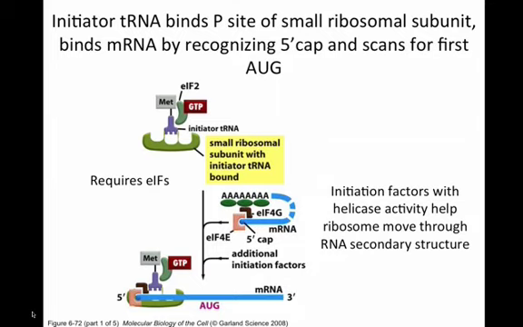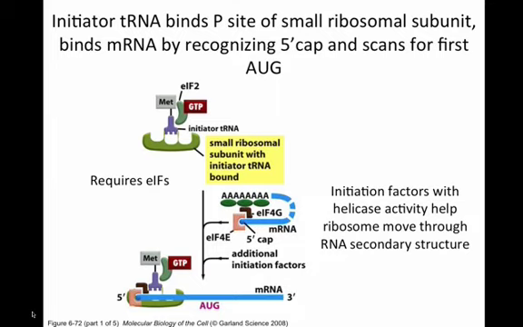Remember the cap? It was important, right? Not just for RNA stability, but for interaction with the ribosome. So the ribosomal subunit is going to bind to the mRNA by recognizing the 5' cap, and then you start scanning for the first AUG.